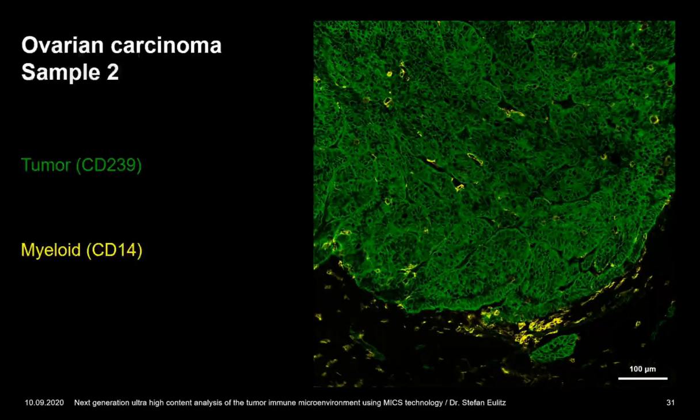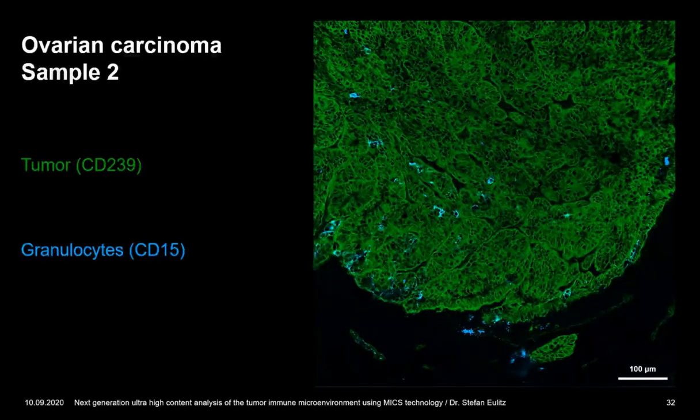So the myeloid cells are also mainly located in the tumor margin, but some CD14 signal in yellow can also be detected in the tumor core, as you can see here in the picture. Also, granulocytes can be detected in the tumor, here represented in light blue by the CD15 signal.